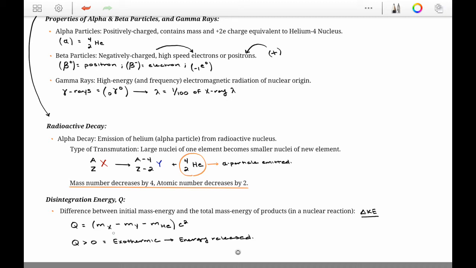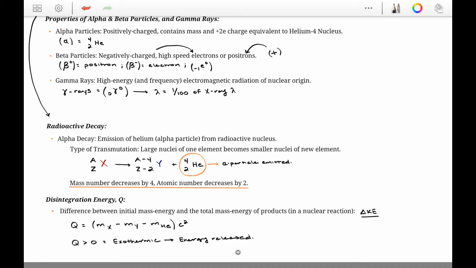We have an equation here, using the same nuclei from earlier: X, Y, and the helium nucleus, or alpha particle. The disintegration energy is equal to the initial mass energy of X minus the total mass energy of the products, which is the mass energy of Y, the new nucleus formed from the new element, and the mass energy of the alpha particle.